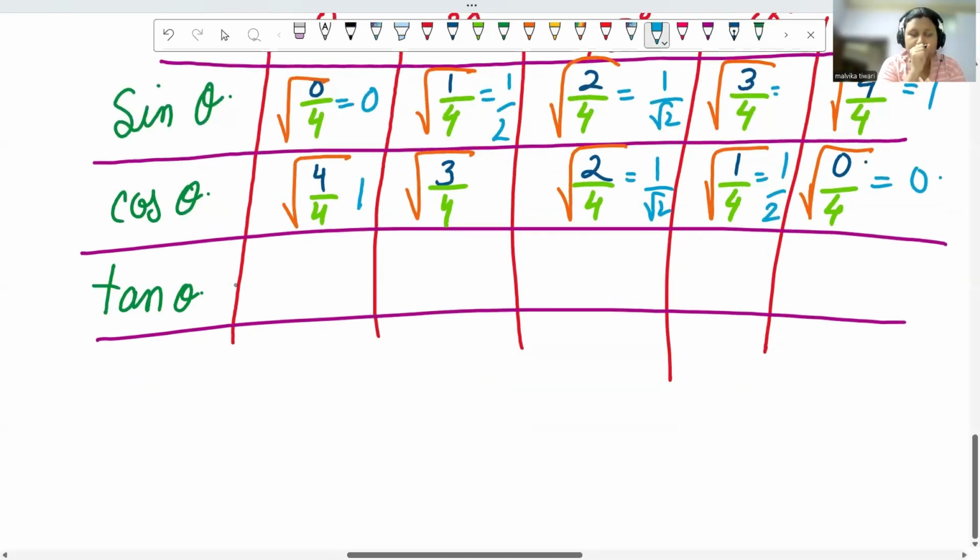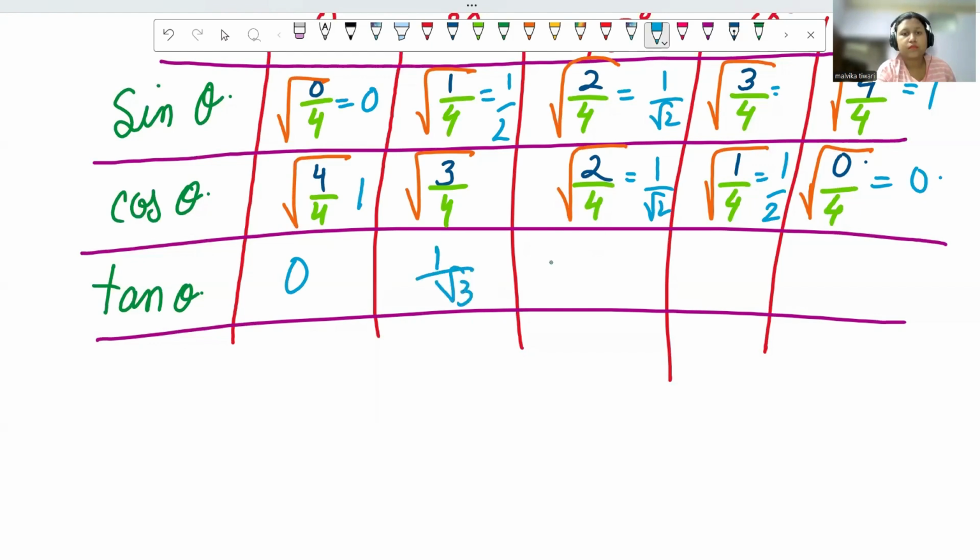Now for tan theta, it is 0 divided by 1, as you have written, that is the way you are going to divide. So 0 divided by 1 is 0. Half divided by root 3 by 2 is 1 by root 3.